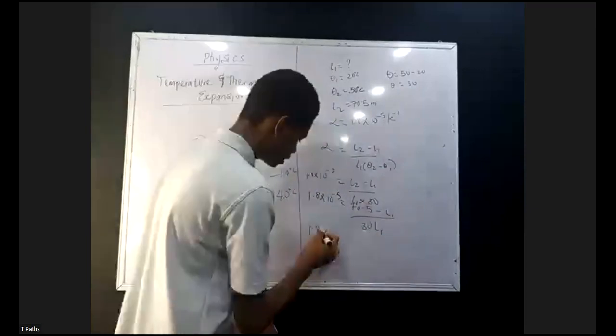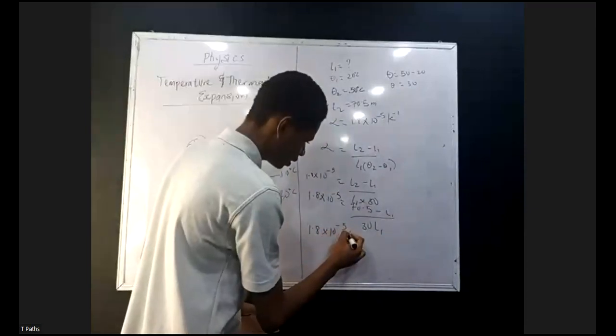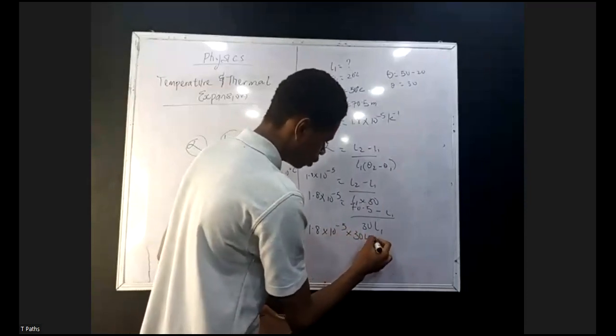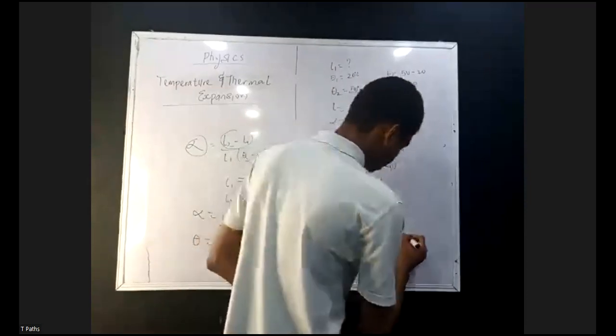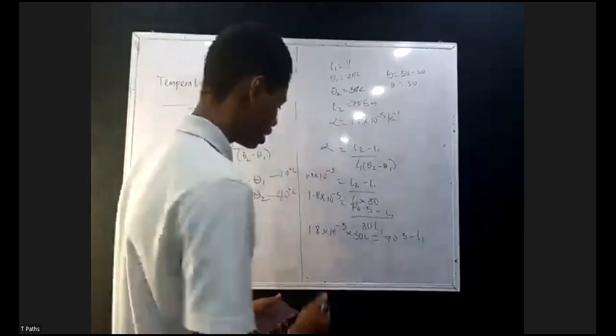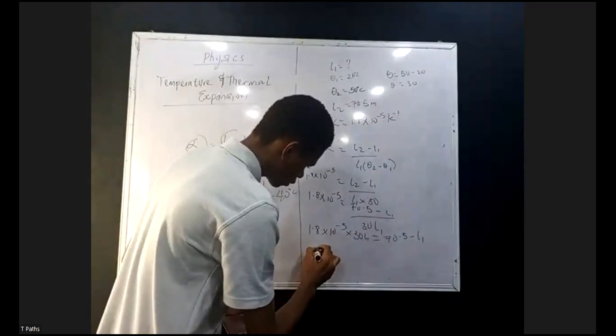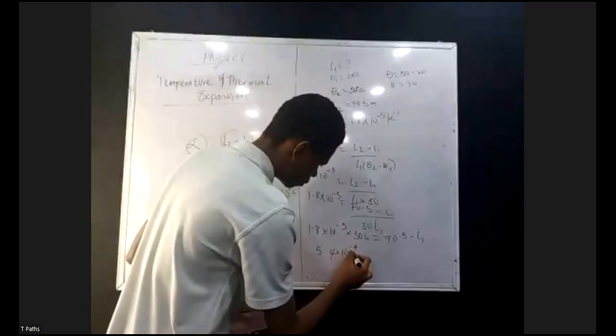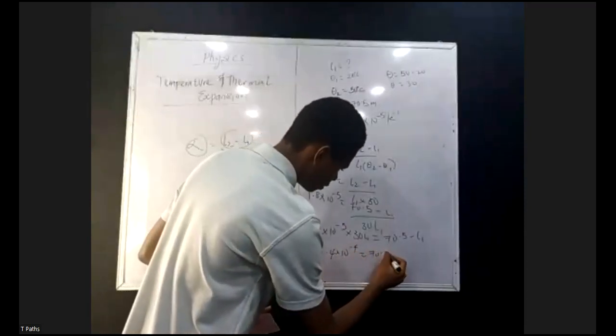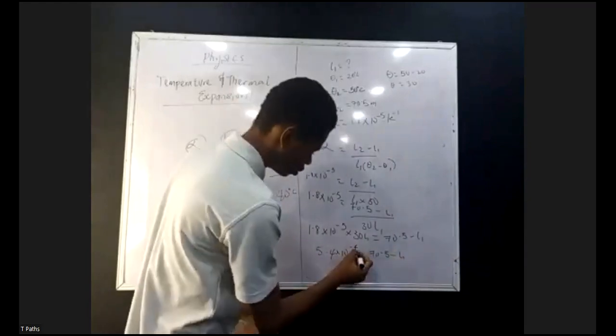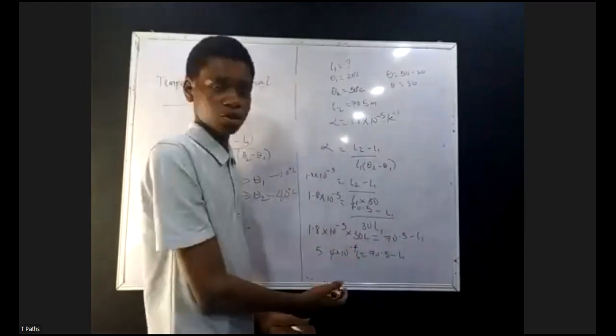Now I have 1.8 times 10 to the power of minus 5 times 30 L1 is equal to 70.5 minus L1. If I multiply this, I'll simply have 5.4 times 10 to the power of minus 4 L1 is equal to 70.5 minus L1. I'll bring this L1 to this side to become plus.